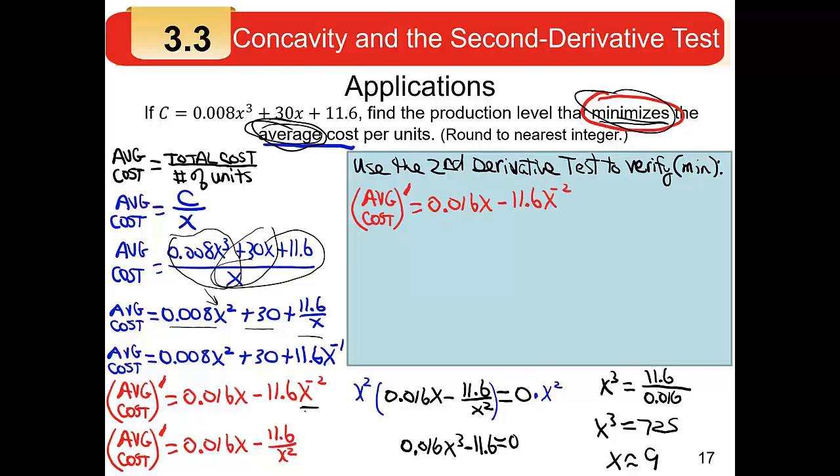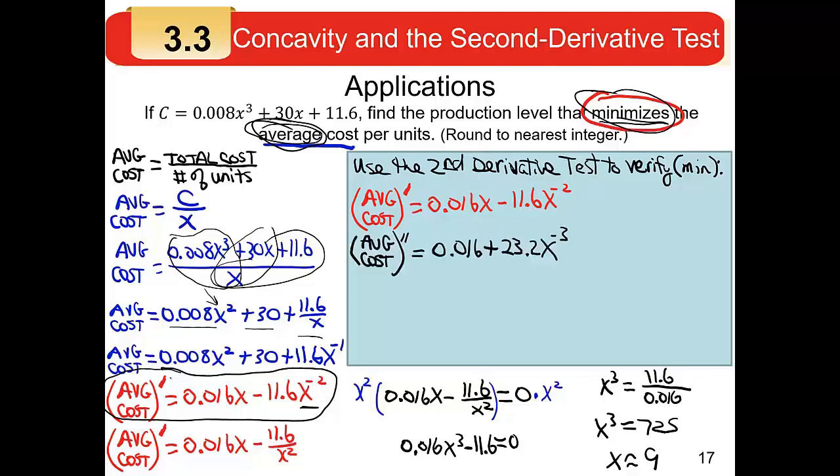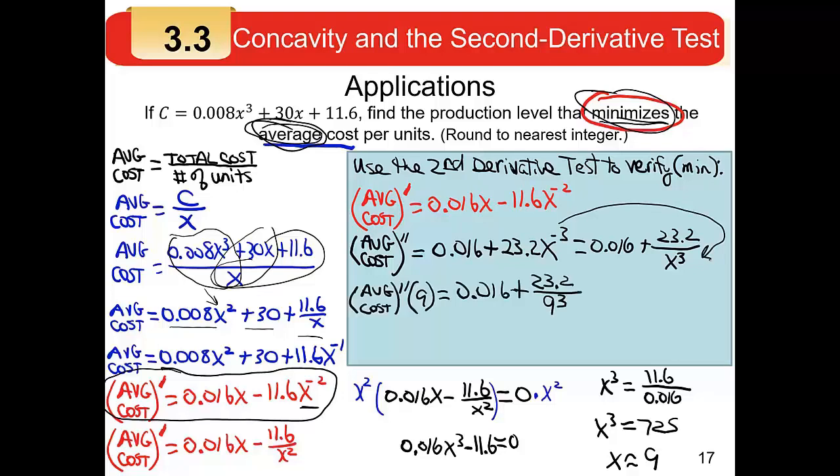So I used the second derivative test. The first derivative I've already calculated, and again I want to use the form of it that's easiest to differentiate again, so I'll use that form of it. Get the second derivative and plug in and change the negative exponent to a 1 over the power, positive power, and then plug in the number I'm trying to test.